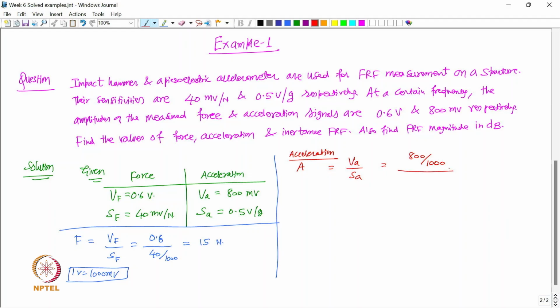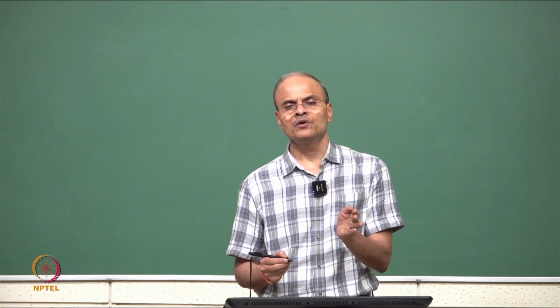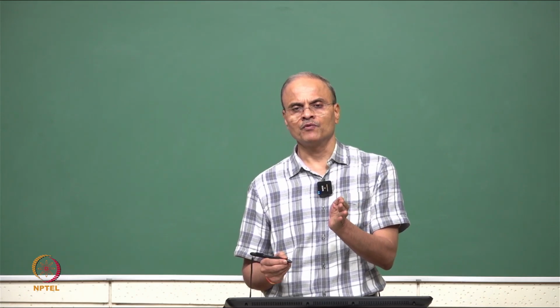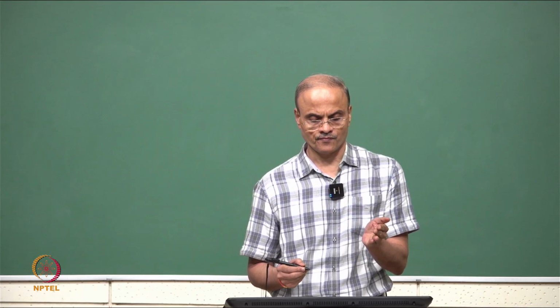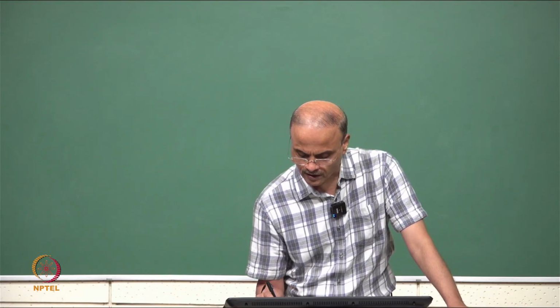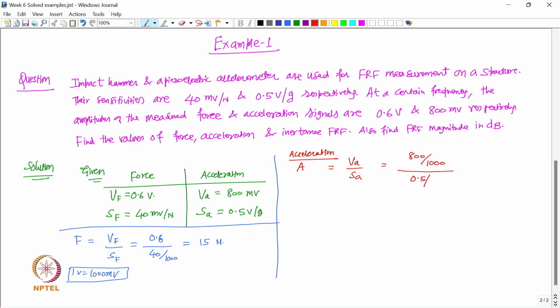The sensitivity is 0.5 volt per G, and I would like to have acceleration in meter per second square, so I should convert the sensitivity to volt per meter per second square. Therefore, I divide this by 9.8, because 1 G is equal to 9.8 meter per second square, and this works out to around 15.68 meter per second square.